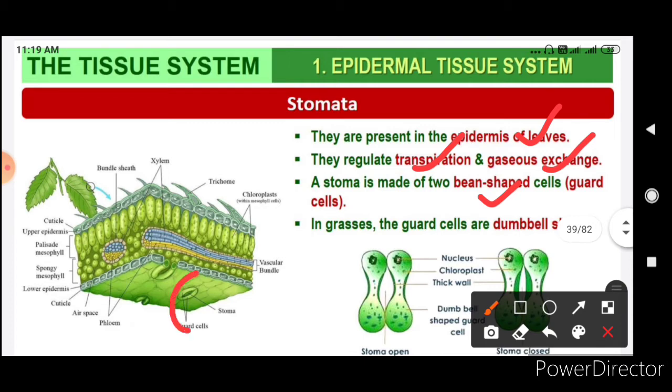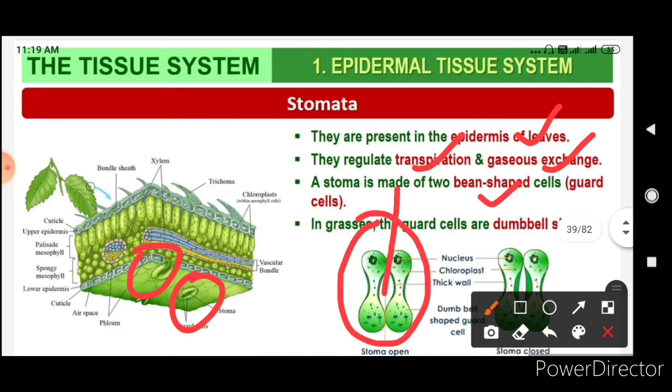You can see here these are all stomata. This middle one is the stomatal pore, and the guard cells here are in the shape of a dumbbell.